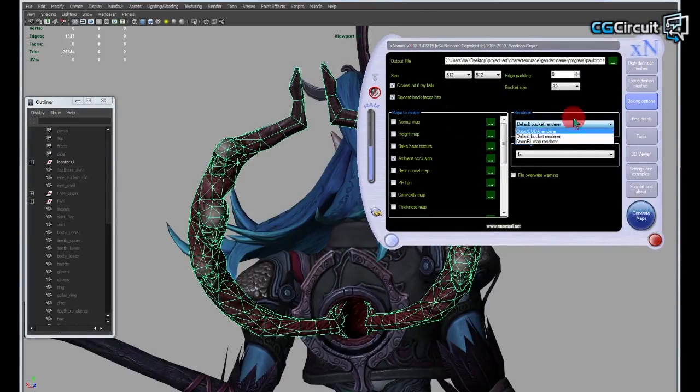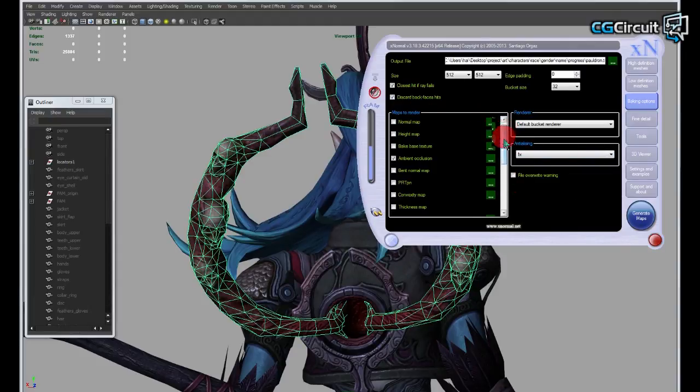I stick with the default bucket render personally. The CUDA render is a lot faster, but I like the results of the default more. And anti-aliasing, I'll keep it at 1x right now. Adding it, giving more, makes a nicer, smoother result, but it adds quite a bit to render time.